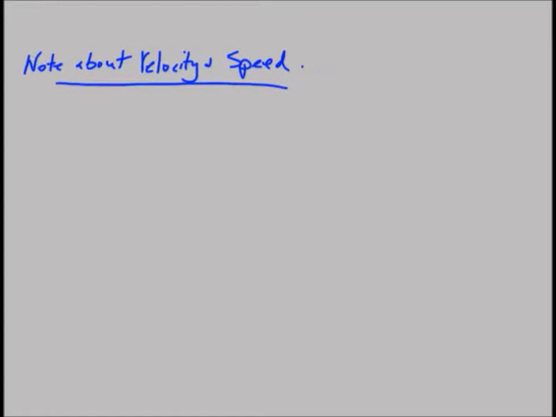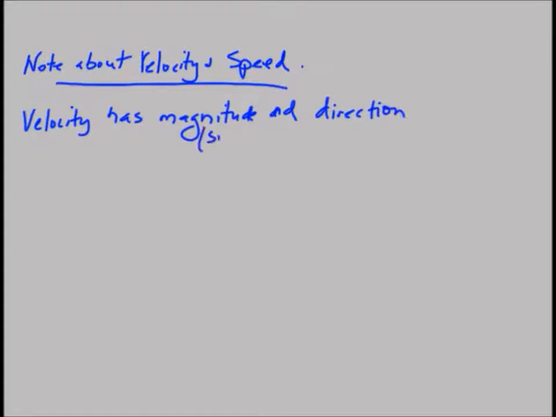And those of you that take physics, I'm sure know about this already. So velocity has magnitude and direction. Magnitude means size, how big it is. Velocity has magnitude and direction.